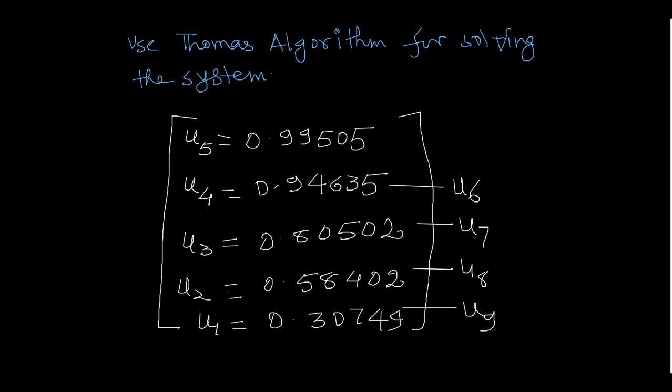In the same way, we can compute the second time level, third time level, fourth time level, and subsequent time levels. This will save your time as well as calculations.